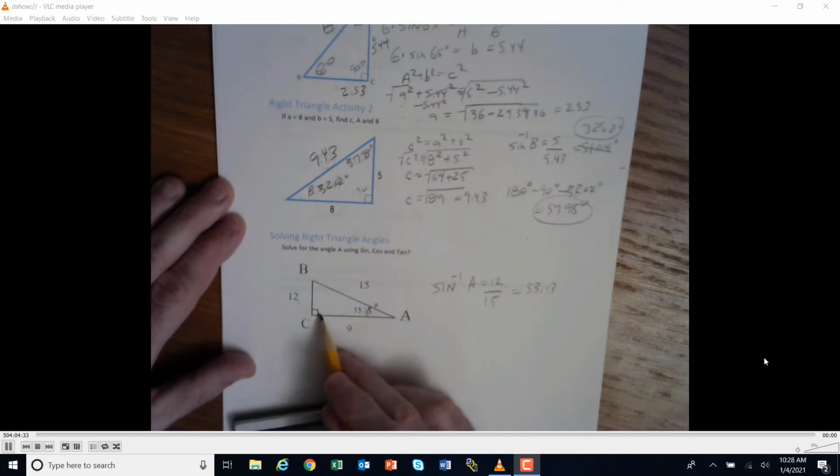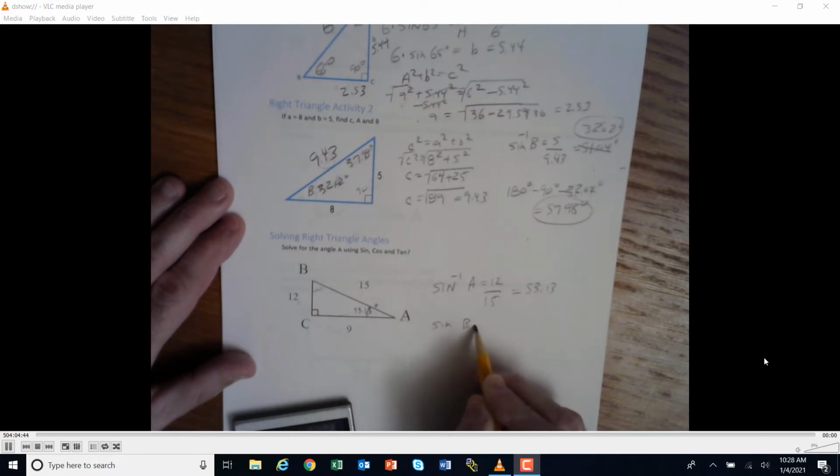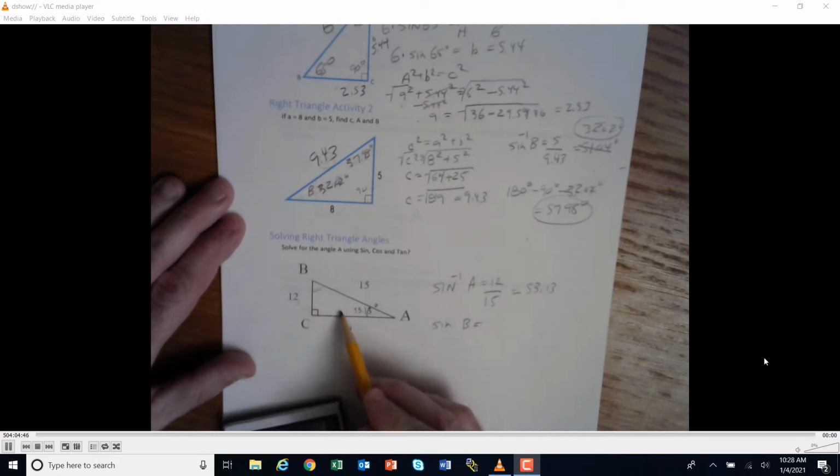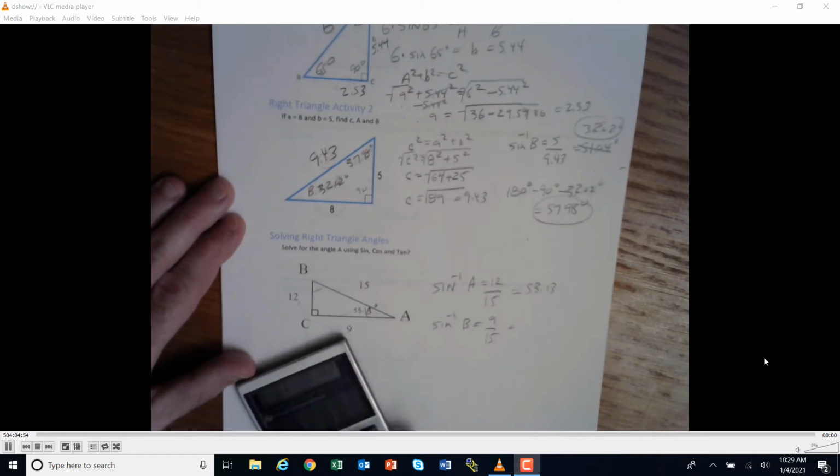Now, let's go ahead and get this angle B. We could certainly take 180 and subtract this, and then 90, and that would give it to us. Let's just do SOHCAHTOA again on this. So here's B. Sine of angle B is once again the opposite, 9 over 15. Okay, and if I want to get that, I have to take the inverse of it.